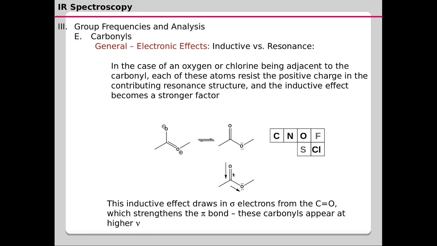As a result, in order to compensate for the shortening of the sigma bond electron density, the pi bond between carbon and oxygen becomes stronger. Okay, that could result in an increase in the oscillation frequency of the carbonyl functional group. But whereas this mechanism results in a weakening of the carbon-oxygen pi bond, the carbon-oxygen bond order, which results in a reduction of the stretching frequency of the carbonyl functional group.